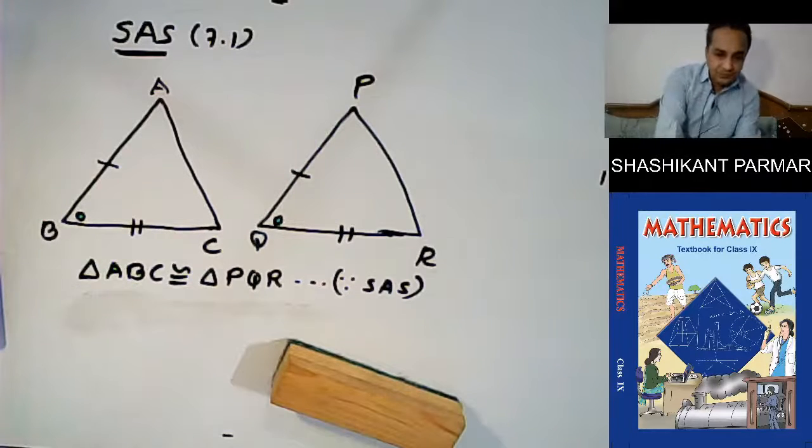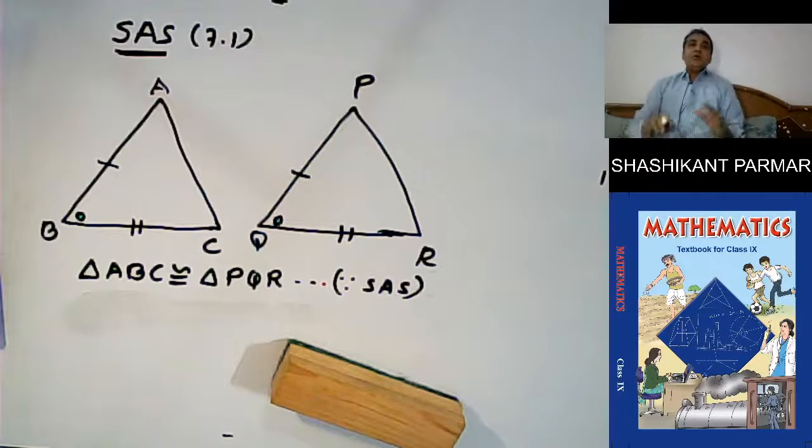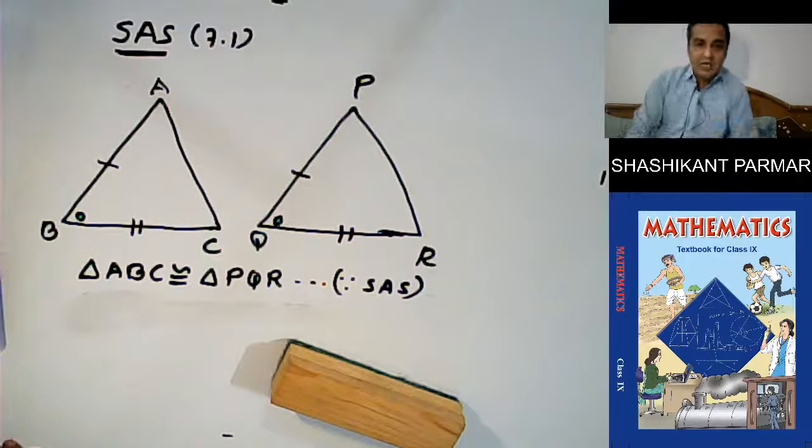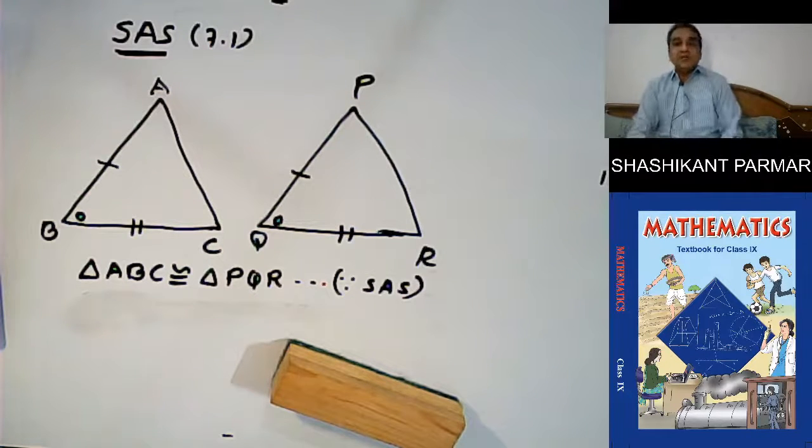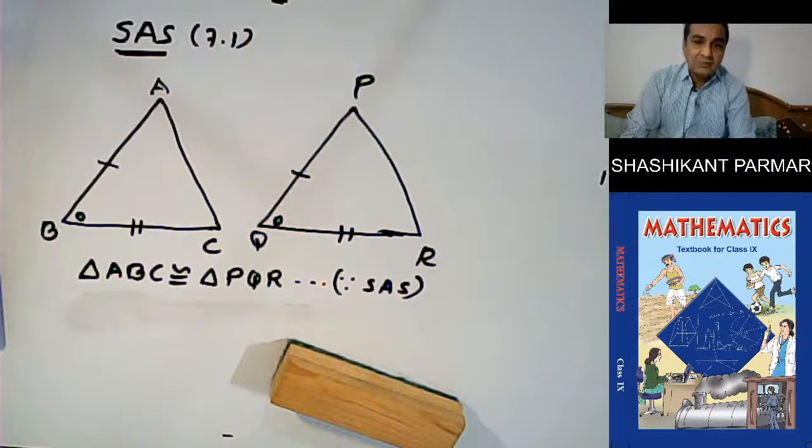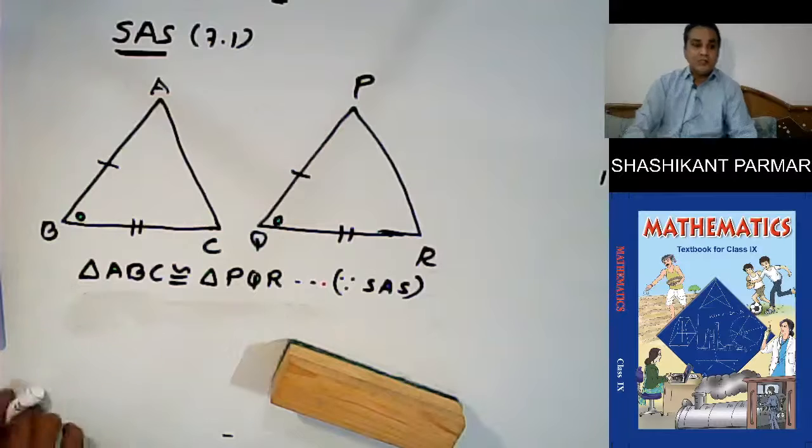Next. Now let us construct two triangles whose sides are 4 cm and 5 cm. Listen to me carefully. Whose sides are 4 cm and 5 cm, and one of the angles is 50 degrees, and this angle is not included. This is an important point.